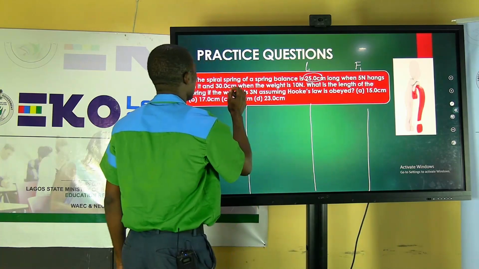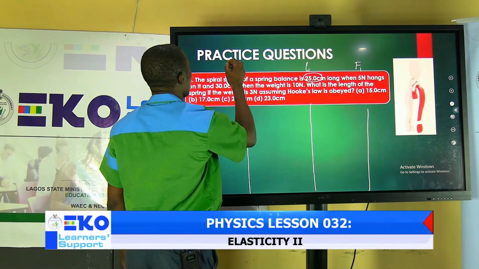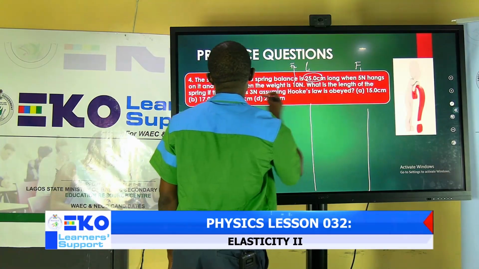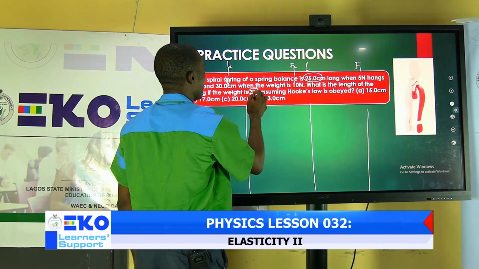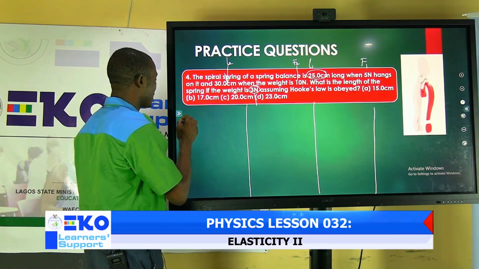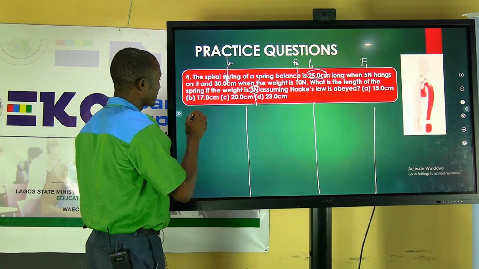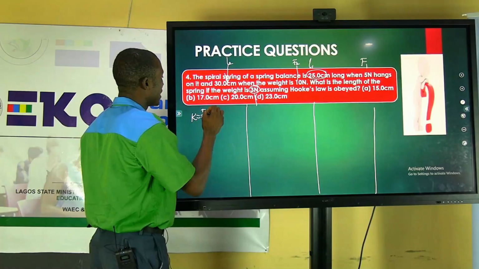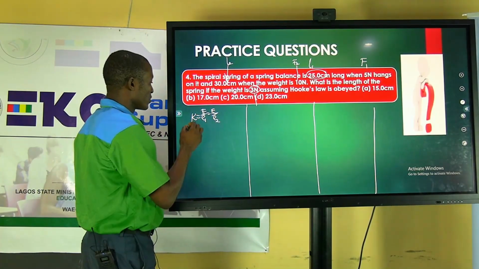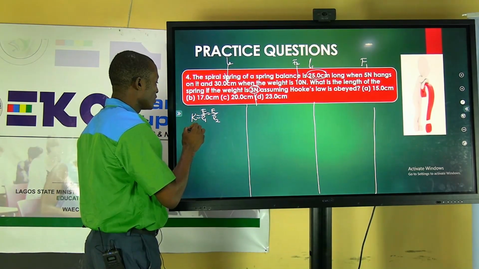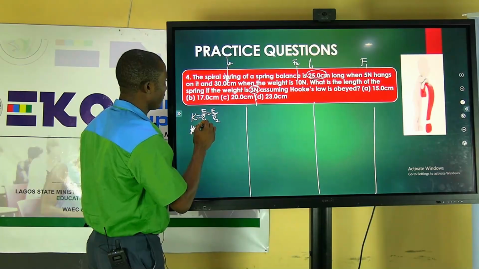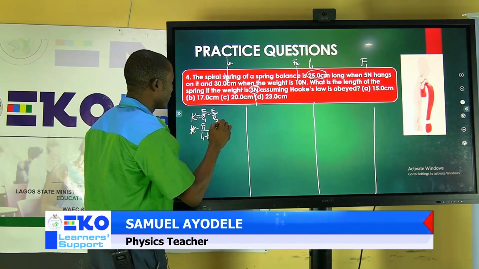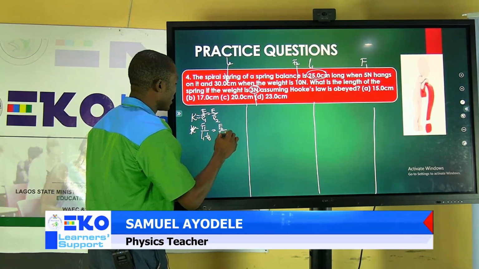Then we have another one: this is L2 and this is F2. What is the length of the spring in this case? So from here, K equals F1 over E1, which is F2 over E2. Using this relationship, we have F1 over L1 minus L0, which is F2 over L2 minus L0.